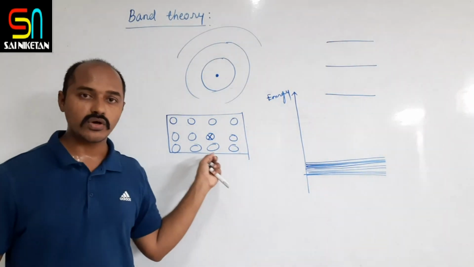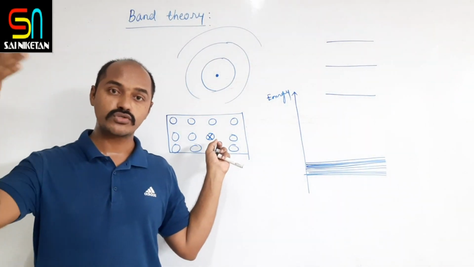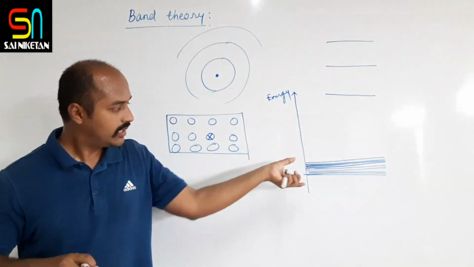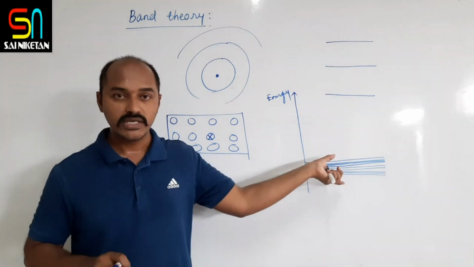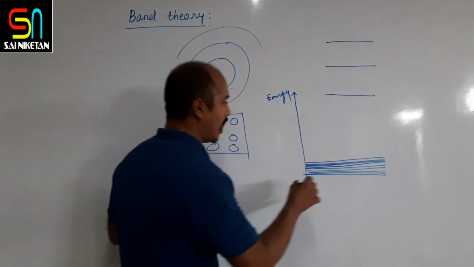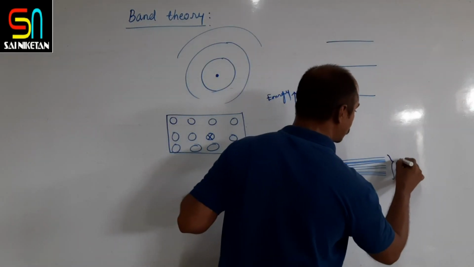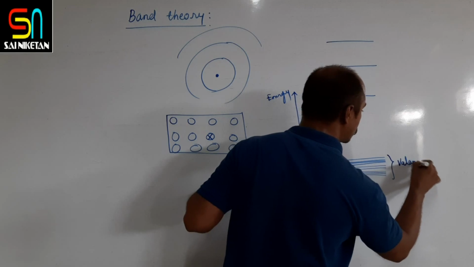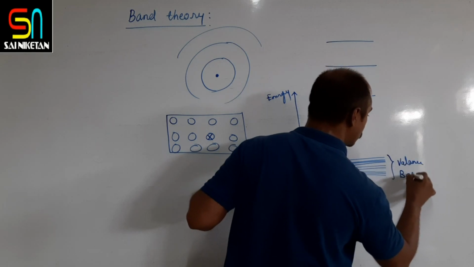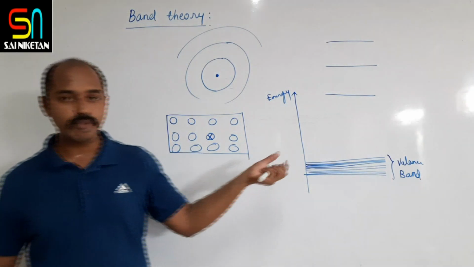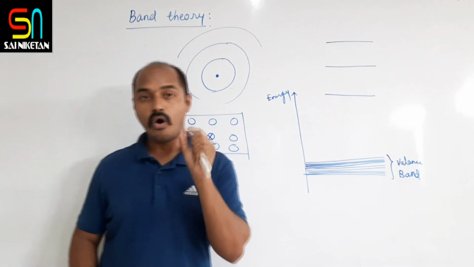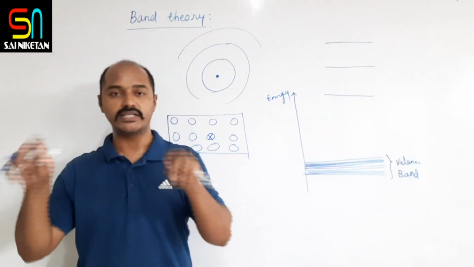Considering all the outermost electrons present in the material, a band is formed. This band is called the valence band. It is called the valence band because of the valence electrons, you can see. Is it clear? So the valence band is because of all the valence electrons present in the material.